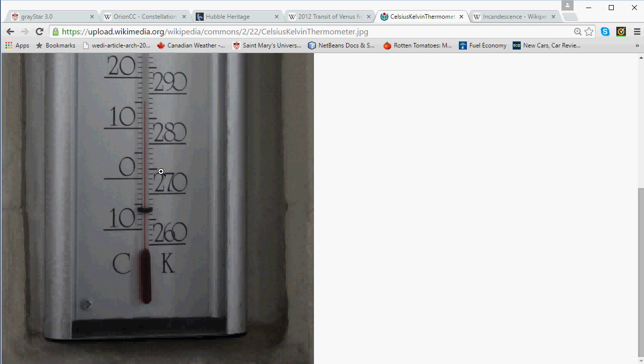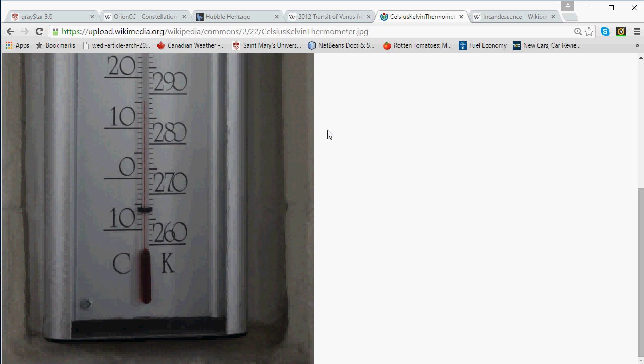A nice thing about these two temperature scales is that the size of 1 degree is the same. You can see all the tick marks line up with each other all the way up and down the scale. If the temperature goes up by 1 degree Celsius, then it also goes up by exactly 1 Kelvin. So the difference is really just an offset.